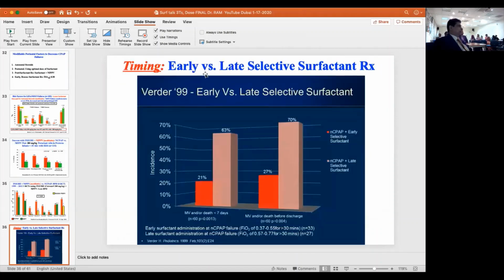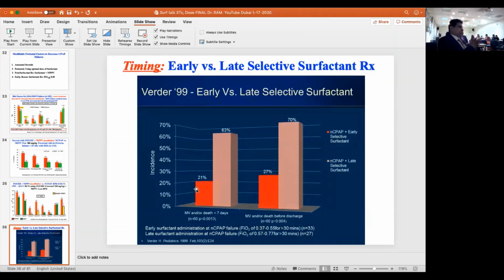What about timing? So I told you about the type of surfactant and the dose that gives a better outcome, the modifiable factors. Timing. In 1999, Berger published a paper looking at early versus late surfactant. Early surfactant was on CPAP with FiO2 of 0.35.